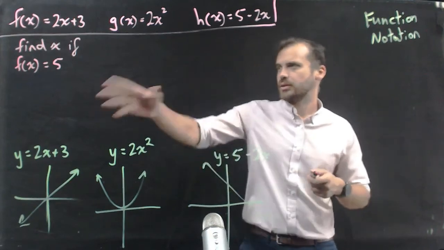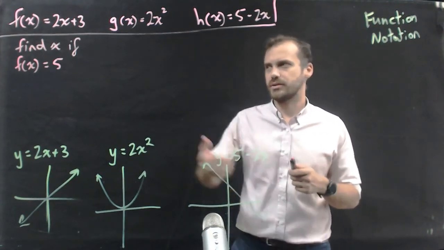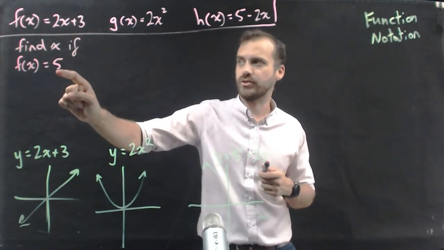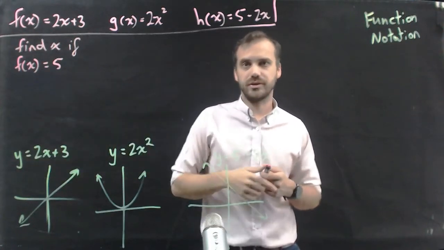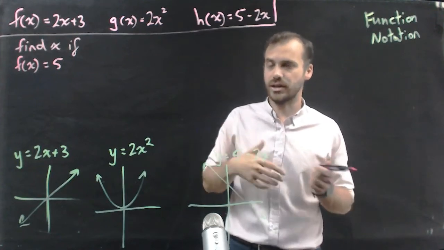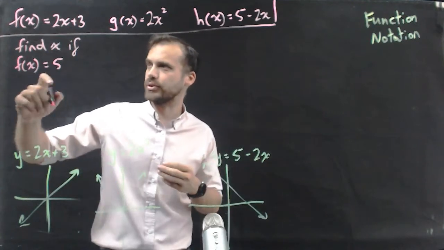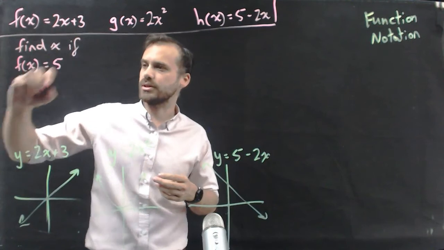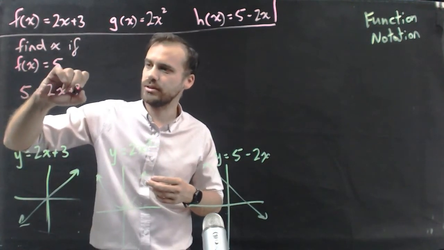So we can do some things with function notation. One of them, find x if f of x equals 5. Really what we're saying here is f of x, 2x plus 3, equals 5. Basically we're saying y equals 5. If f of x is equal to 5, find x. So to solve that is not a difficult thing. F of x is equal to 5, f of x is equal to 2x plus 3. So 5 equals 2x plus 3.